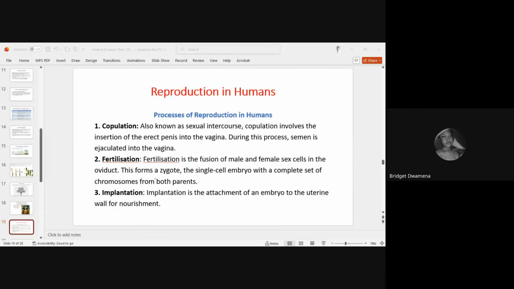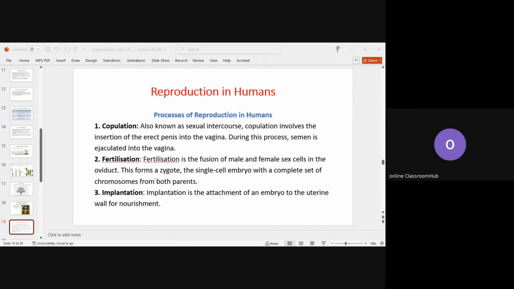Sir, please, is it the male that contains the X chromosome or the female? The male contains the Y chromosome, and the female contains the X chromosome. So when the X chromosome and the Y chromosome combine, a male child is formed. Now remember, the male consists of both Y and X chromosomes, and the female contains only X chromosomes.